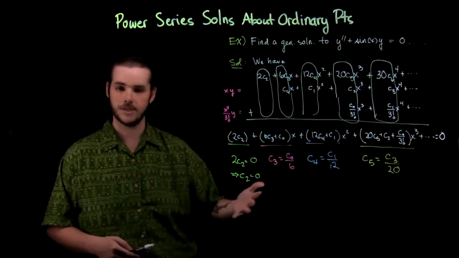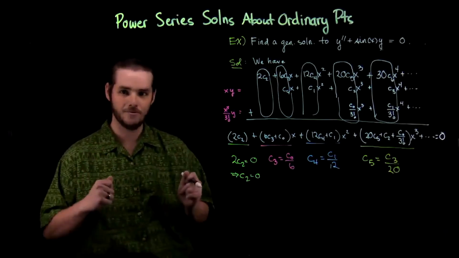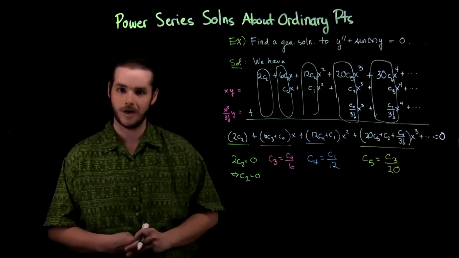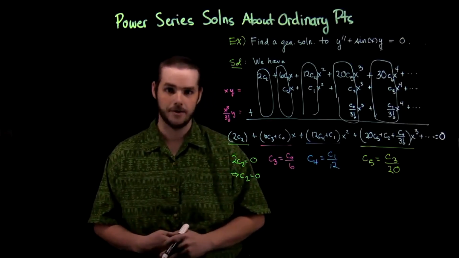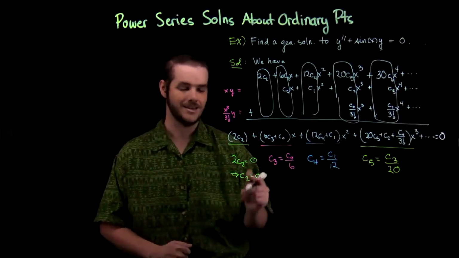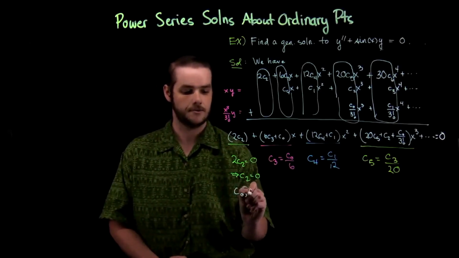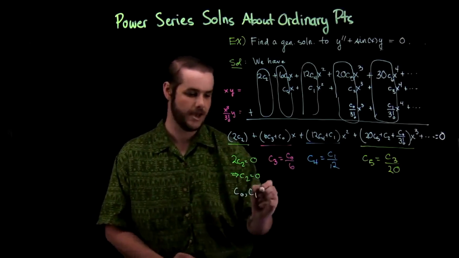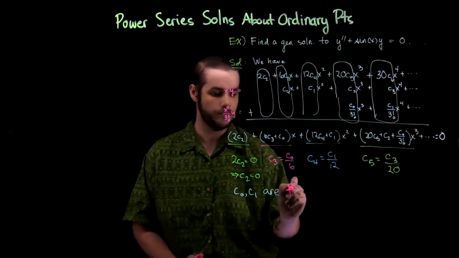And if you continued this pattern out a little further, you would notice that I cannot resolve or determine all of my coefficients because I have no direct way of getting c0 or c1. In other words, c0 and c1, we would describe them as free variables or free parameters.